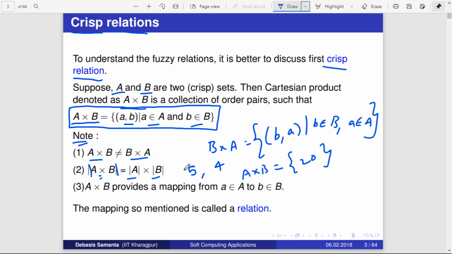So A cross B provides a mapping from elements a in set A to elements b in set B, and basically it provides a mapping A cross B or B cross A. Such a mapping is called a relation.